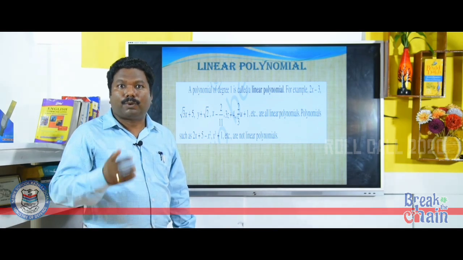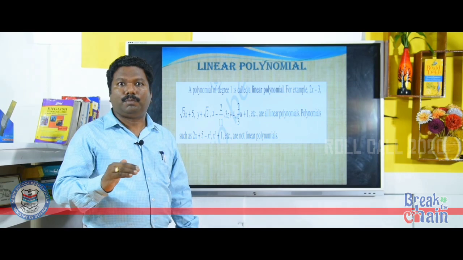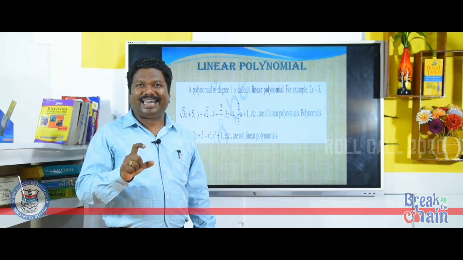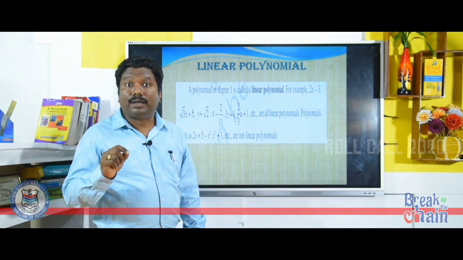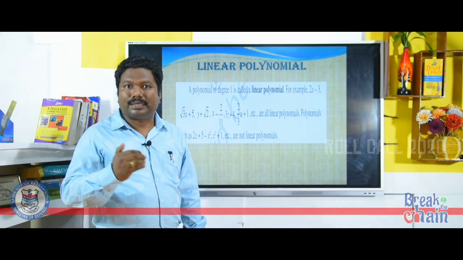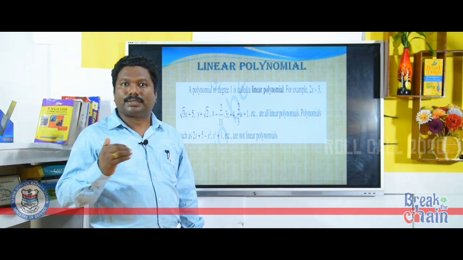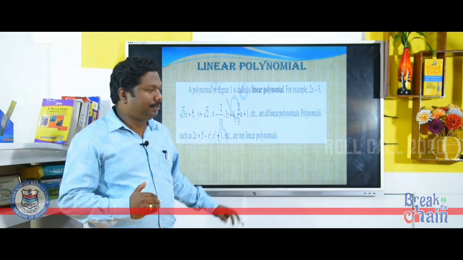The general form of a linear polynomial is ax plus b, where a is not equal to 0, and a and b are real numbers.